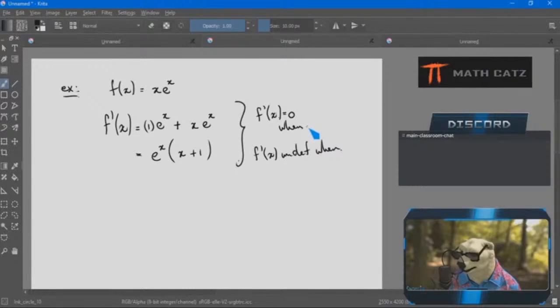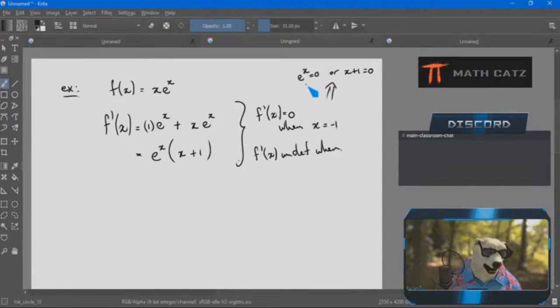So it's going to be when either one of these two equals 0, right? It's going to be when either e to the x equals 0 or when x plus 1 equals 0. So from the second one, I certainly have a negative 1 for x.